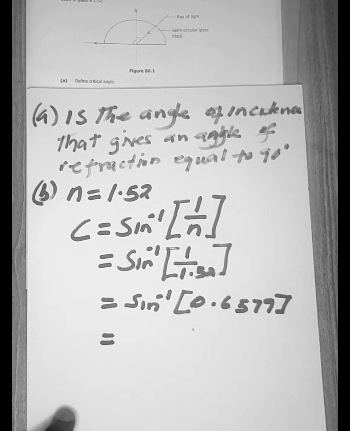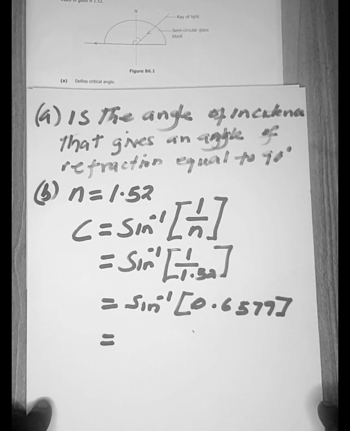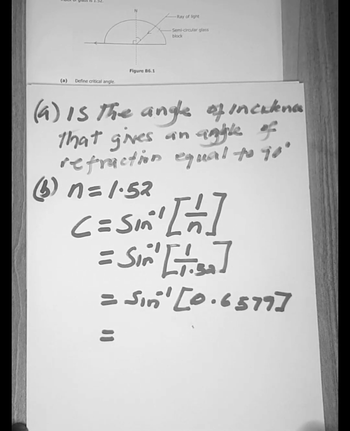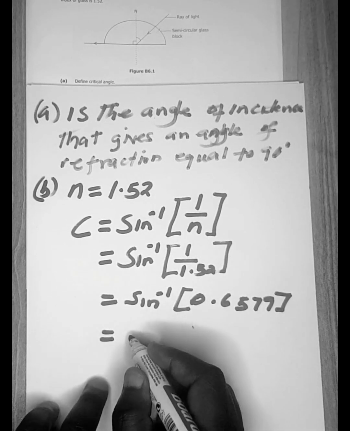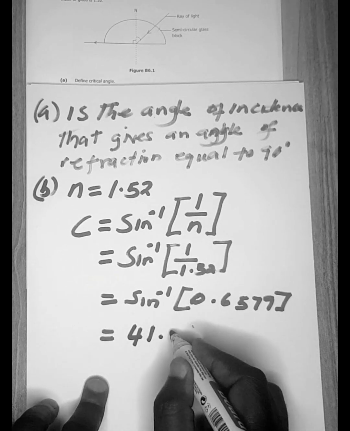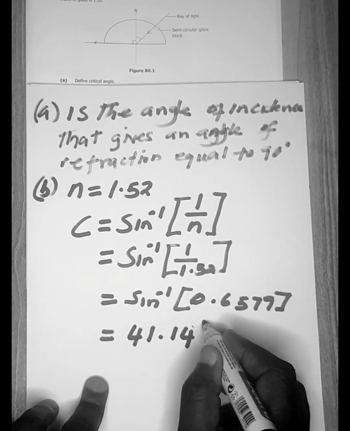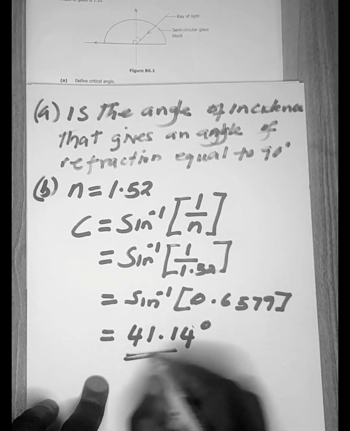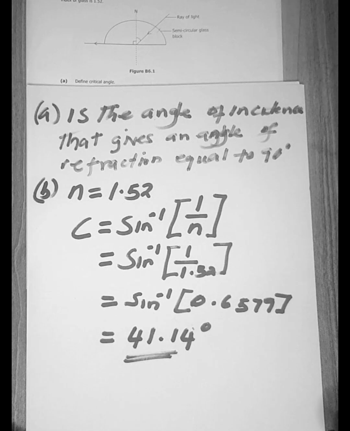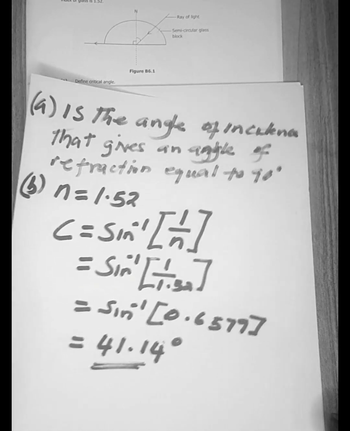So now, what is the sine inverse of 0.6579? This will definitely give us 41.14 degrees as our critical angle. So that is our critical angle.